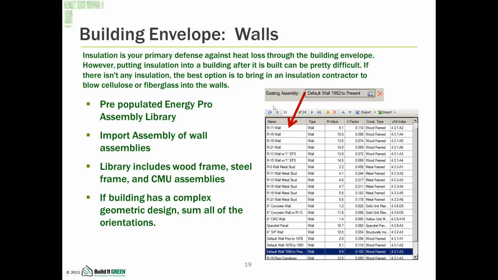But let's say this wasn't the assembly for my project, you can look in the list in the library here to see what best represents the wall assembly you have, or you can go to this little green arrow and import the wall assembly from the list that the commission has put together, and you can use that.